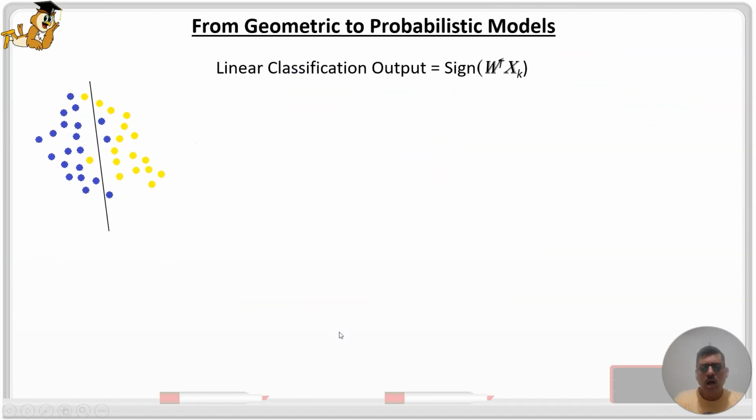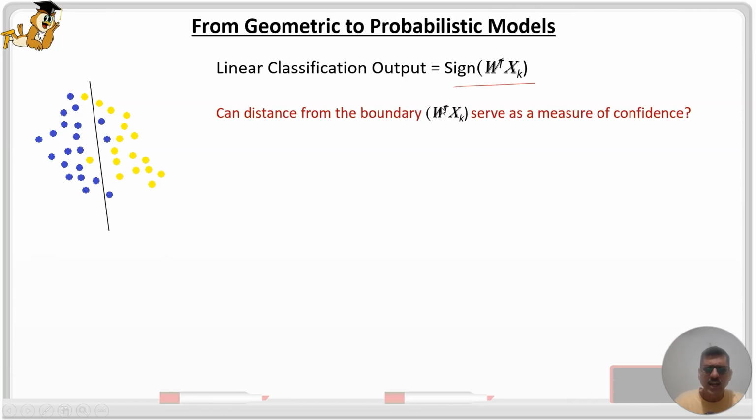Okay, so how do probabilistic models differ from these traditional linear classification models that we studied earlier? Our linear classification output was sign of w transpose xk, as we said. And when you see something like this, the first question that probably came to your minds, even before you went to specific probabilistic models, was: can the distance from the boundary, which is this quantity, serve as a measure of confidence?